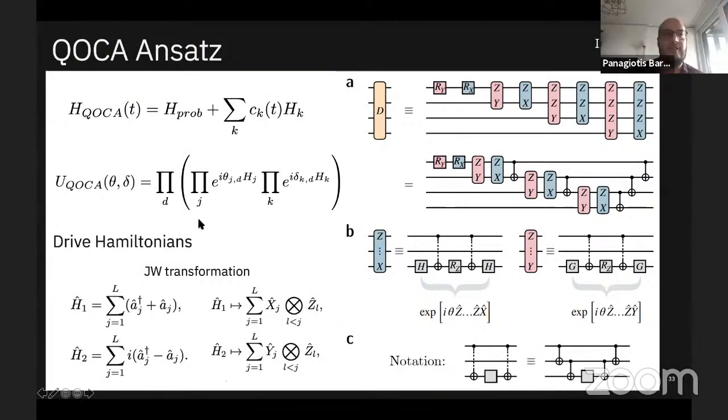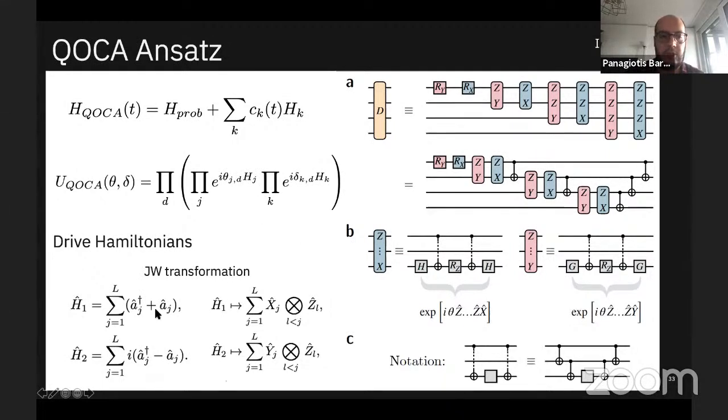Okay, so the way that the quantum optimal control inspired ansatz works is that we have the problem Hamiltonian, and then we introduce a drive Hamiltonian, like the one that you see here. This is the way that optimal control works, for example in algorithms like GRAPE. The unitary matrix that corresponds to this ansatz is split in a way that you have your problem Hamiltonian, and then you have your drive Hamiltonian coded in the system.